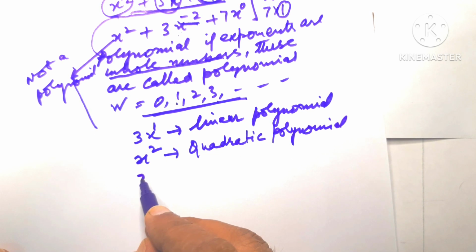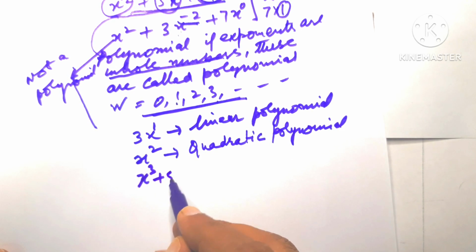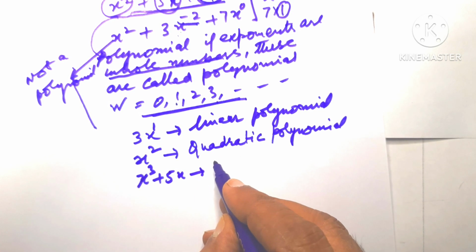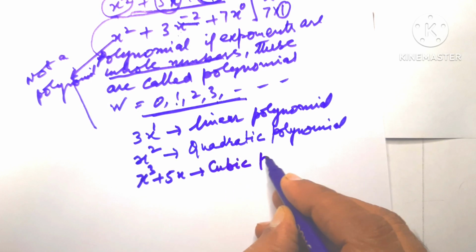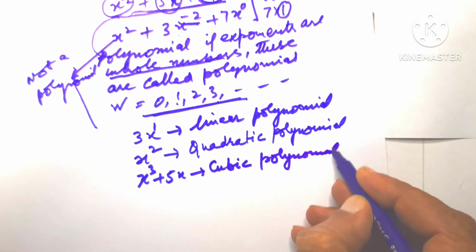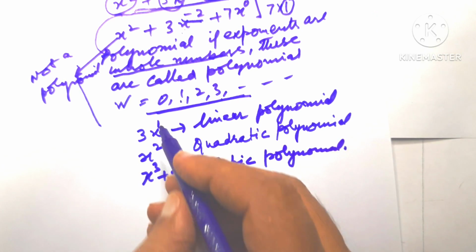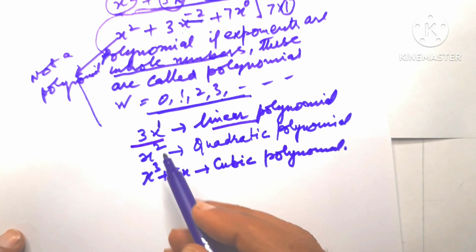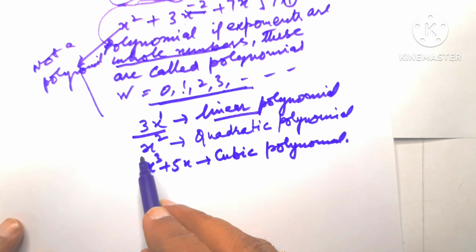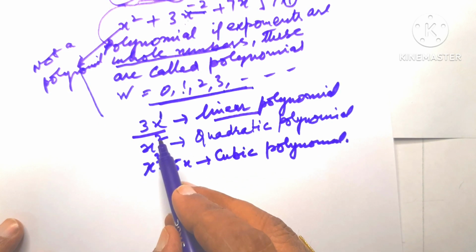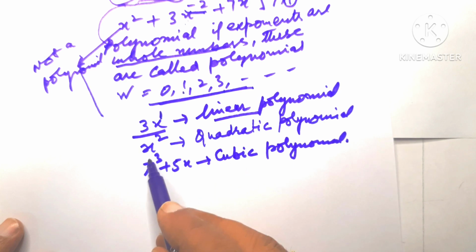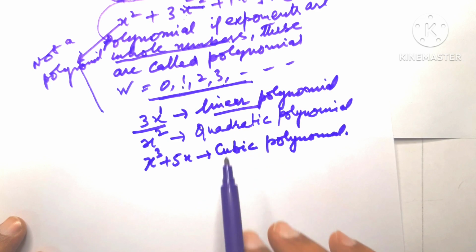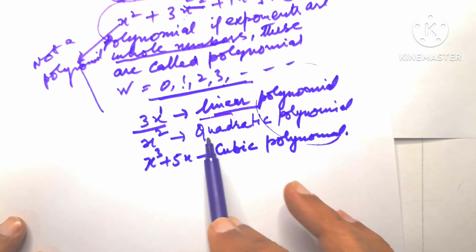And if I write x to the power 3 plus 5x, now the maximum power is 3, so it has a special name which is called a cubic polynomial. Now in a linear polynomial, there should be only power 1 of the variable, in a quadratic, the power of the variable should be 2, and in a cubic, the power of the variable should be 3. They all are polynomials but have specific names.